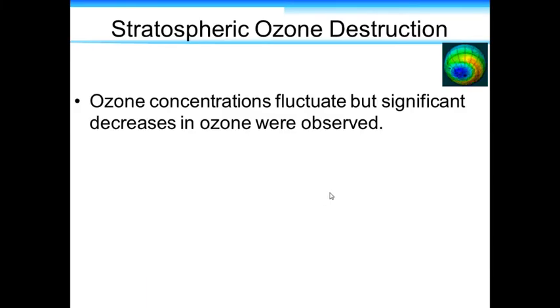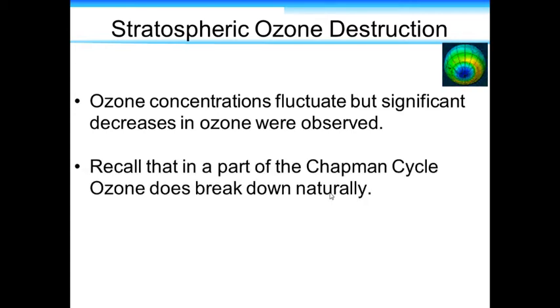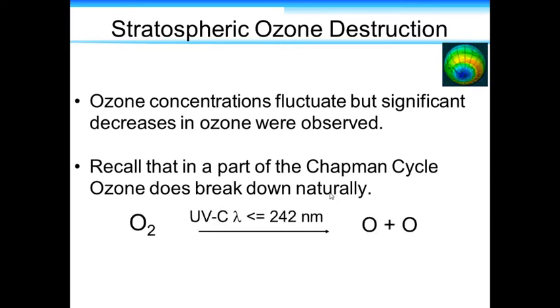So there are fluctuations over the course of the year, but even taking into account those fluctuations in ozone concentration, significant decreases in ozone are observed. And remember, if you think of the Chapman cycle, ozone will break down and then reform. It is a cyclical process, right?